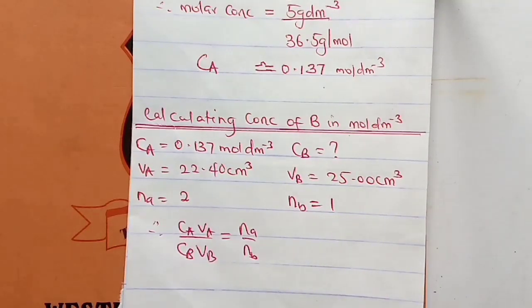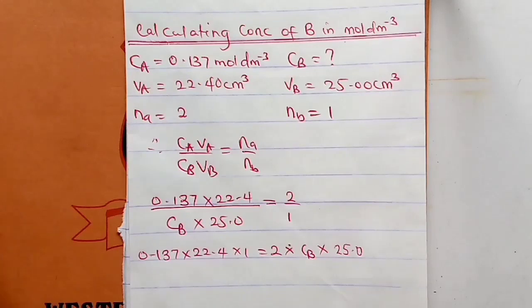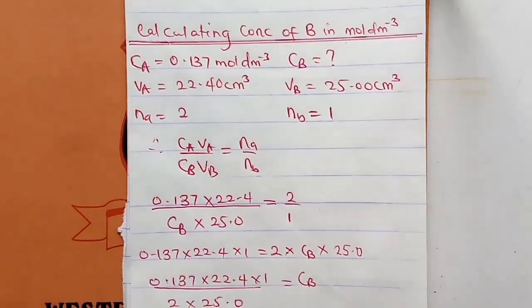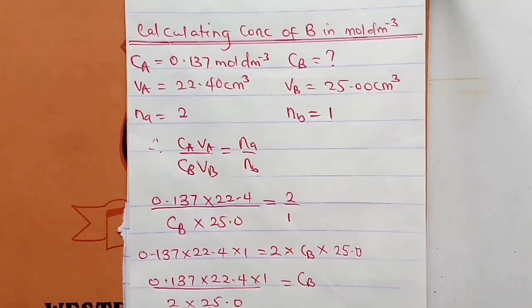Now, if we insert the values and use cross multiplication, to make CB the subject of the formula, we divide both sides by 2 times 25. This will cancel this and remain only CB. Now let's sum the numerator and the denominator.